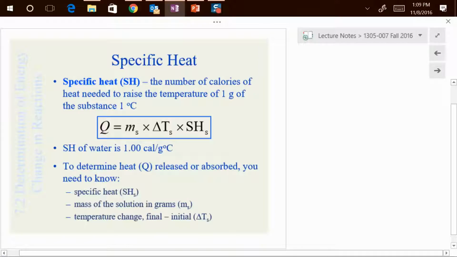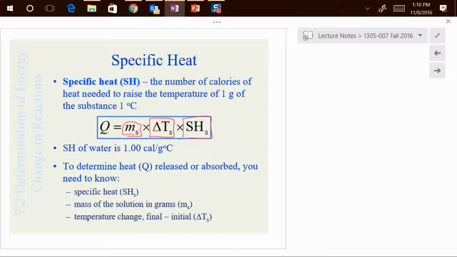So here is an equation that we would use to calculate Q, which is the energy in joules or in calories. Okay? So Q equals the mass of your solution times the change in the temperature times your specific heat. So specific heat is a constant.